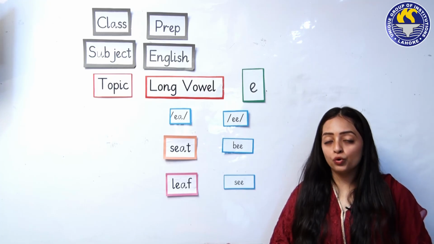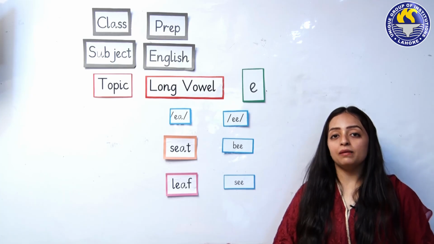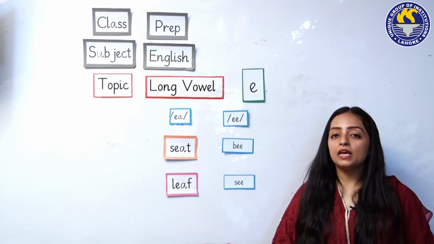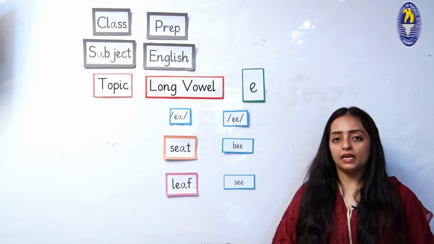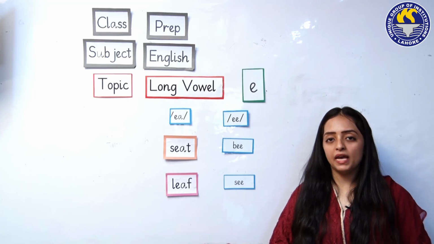And in those words, we just have to utter the same sound of each letter. We don't have to focus on the phonics. Like in A, we say words like gate, main.